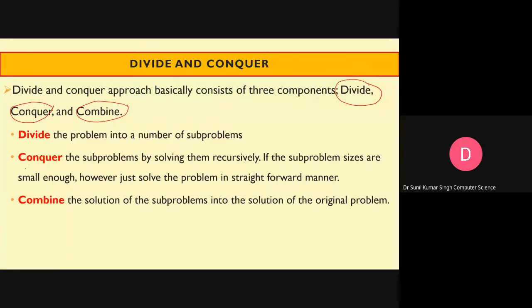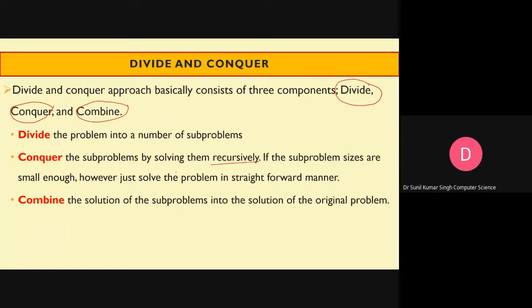Conquer deals with the recursive steps involved. It breaks the problem into a number of sub problems till we are able to solve them very easily. And then the last step, combine the solutions of the sub problems into the solution of the original problem.